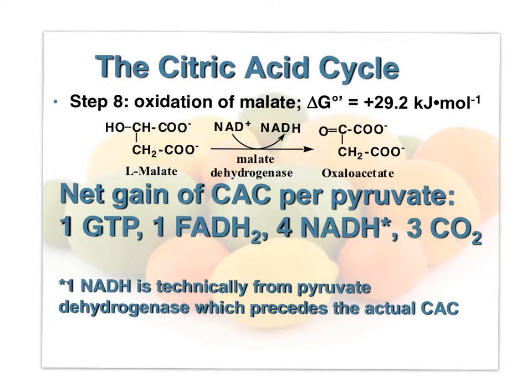If you don't, then it's only 3, because starting from pyruvate, we get the 4th, but starting from acetyl-CoA, you only get 3. And you get 3 carbon dioxides. Remember, a carbon dioxide is just a carbon that's used up all of its electronic energy. It's fully oxidized. You can't make it any more oxidized than that.